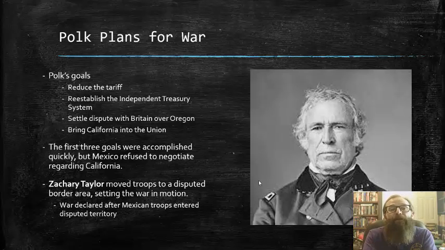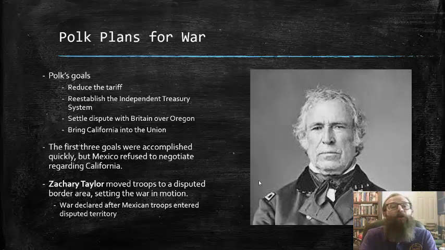He also sought to settle the dispute with Britain over the Oregon Territory, which up until then had been jointly administered by the United States and Britain, and was still a point of contention between those two countries. He also sought to bring California into the Union, which was seen as a very important acquisition for U.S. territorial expansion at the time.